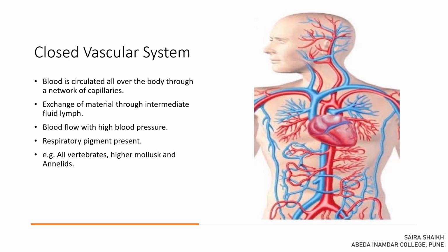The blood has high blood pressure and the respiratory pigment hemoglobin. It is useful to transport the different gases. The exchange of material is seen through an intermediate fluid called lymph, as blood is not in direct contact with the cells.